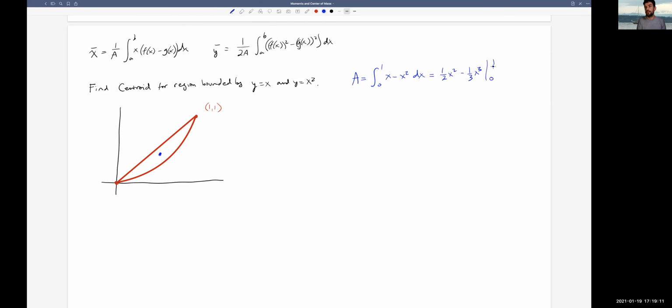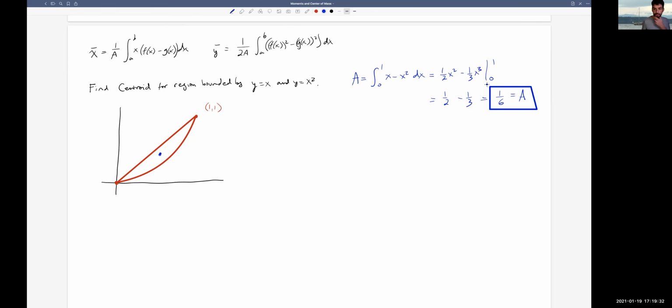We're evaluating from 0 to 1. This is going to be 1/2 minus 1/3, or 1/6. So there's our area. Hold on to that. We're going to need that for later.